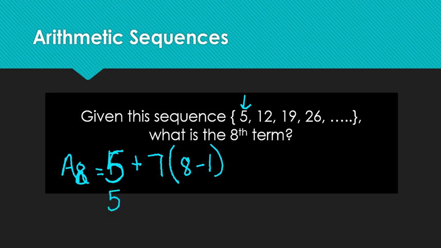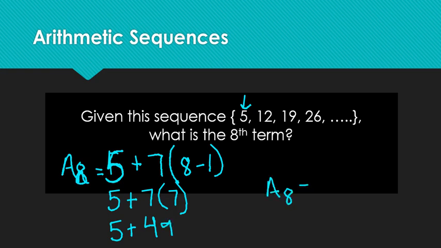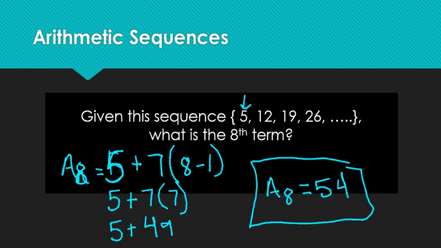So 5 plus 7 times 7. 7 times 7 is 49. So 5 plus 49, a subscript 8 equals 54. And that would be my 8th term.